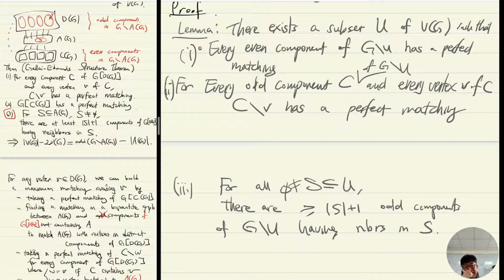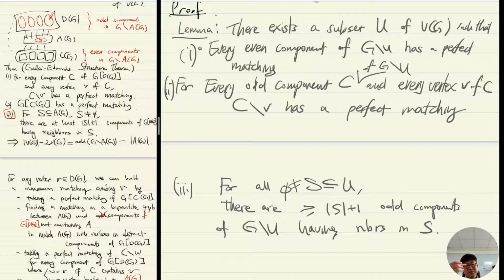Why? It's the same statement actually. This lemma just says that there exists a subset U so that 1 and 2 and 3 hold. If you have these 3 properties, what does that mean?